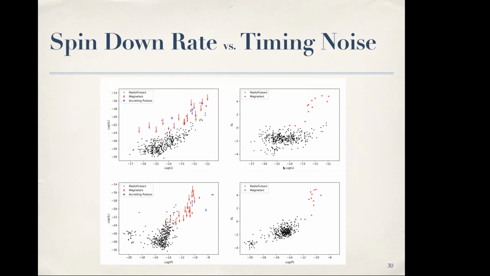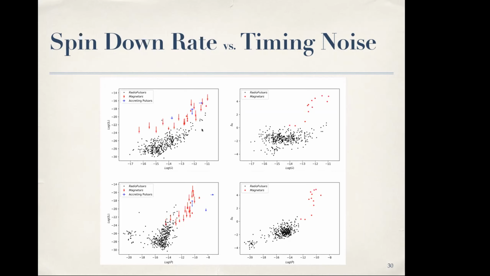In this particular section, only 3 accretion powered pulsars are included in the correlation figure because, as I said, in order to have a meaningful comparison between the timing noise of different sources, we have to choose a similar time span, and we chose a time span of 1,000 days.